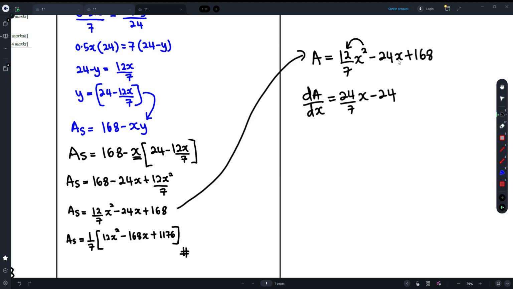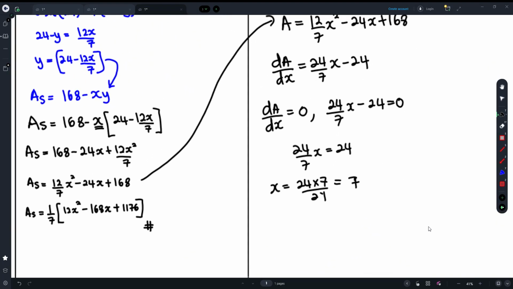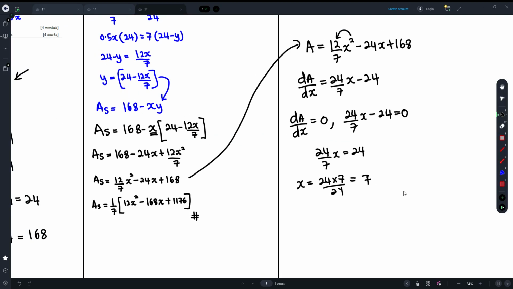So 2 times 12 over 7 will give 24 over 7x minus 24. And when you're talking about maximum or minimum, my dA over dx must be equals to 0. So with that, my 24 over 7x minus 24 is equivalent to 0. Therefore, 24 over 7x is equivalent to 24. Therefore, x is equals to 24 times 7 over 24, which will give you 7 as your final answer. So the value of x that makes the area minimum is x equals to 7.